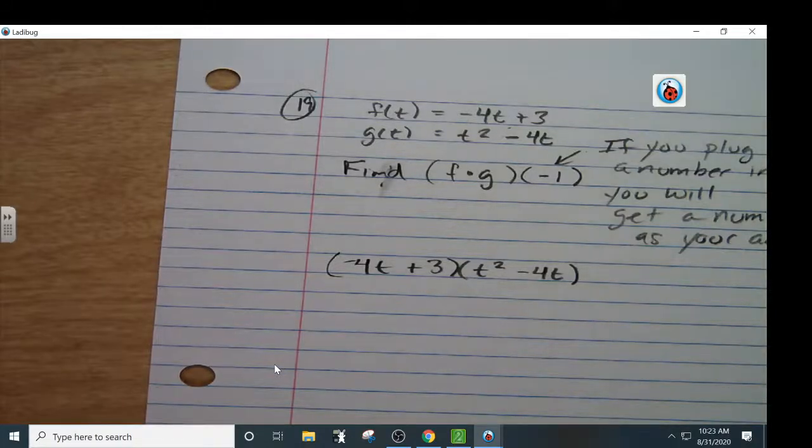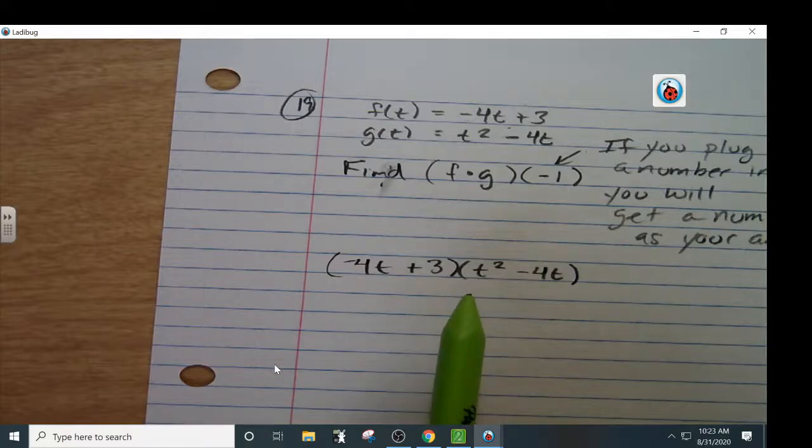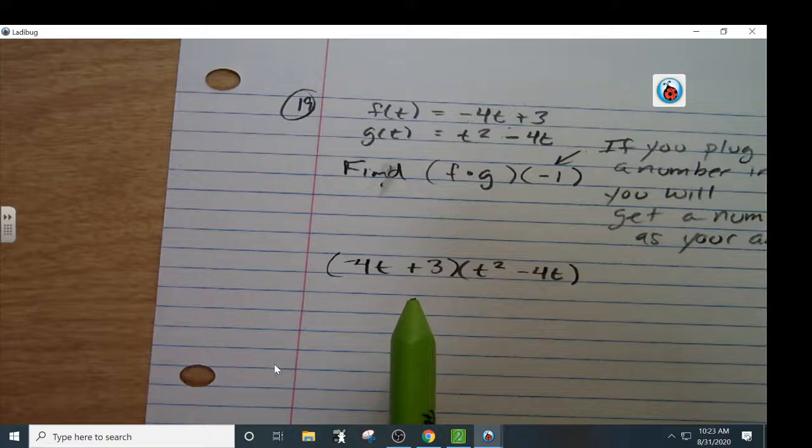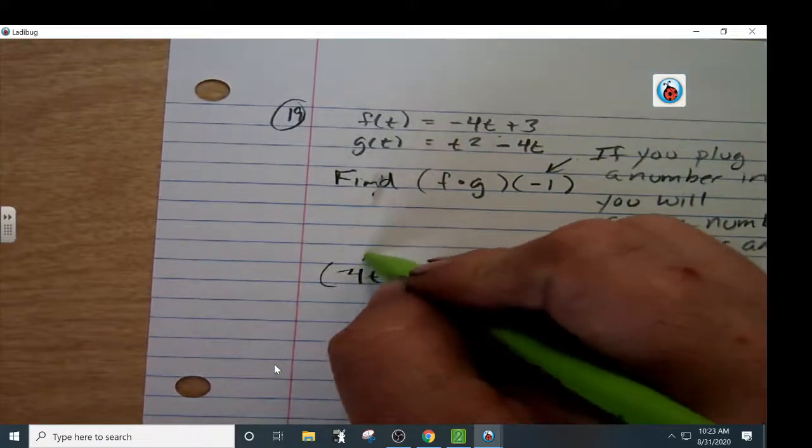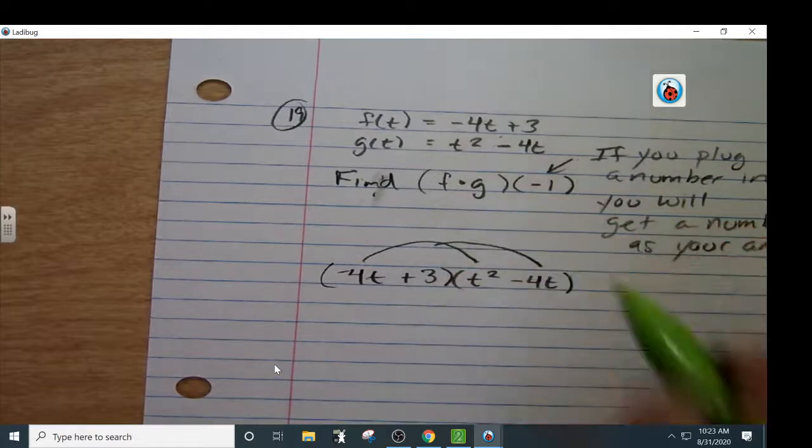Now, does anybody remember how to multiply binomials like this? You can do box method. Anybody remember box method? Foil method, but I just call it distributive method. Okay, so here's how you're going to do it. You're going to take the first term and distribute it to those two terms.